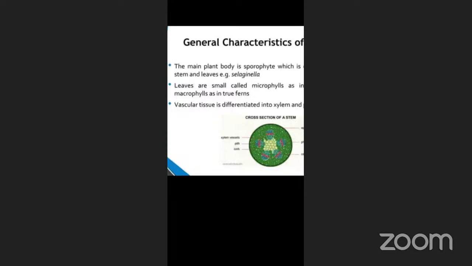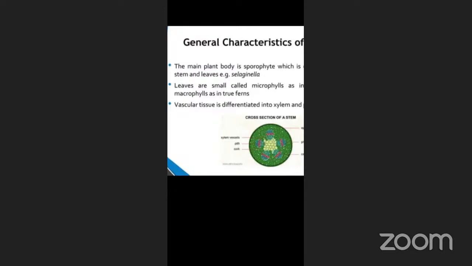So here are some dissimilar characters. What are the differences between Pteridophyta and Bryophytes? The plant body in the Pteridophyta is sporophyte, meaning diploid condition is there, but in the Bryophyta the condition is gametophytic, haploid.